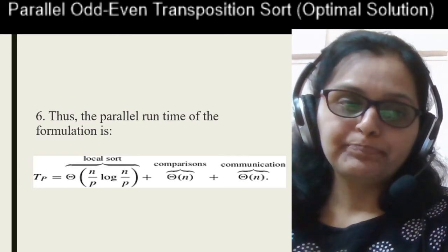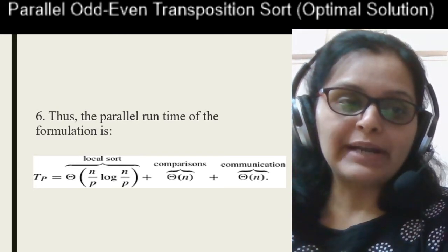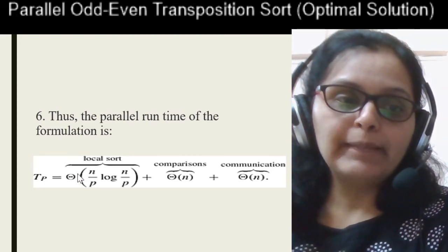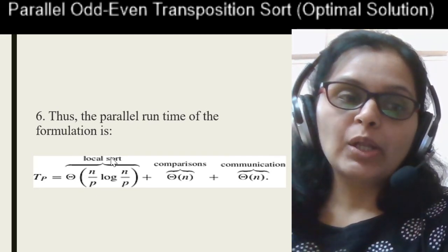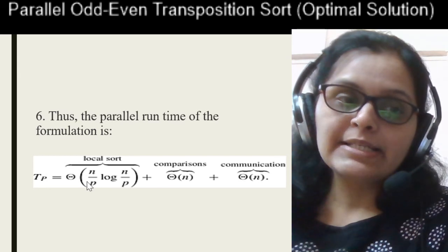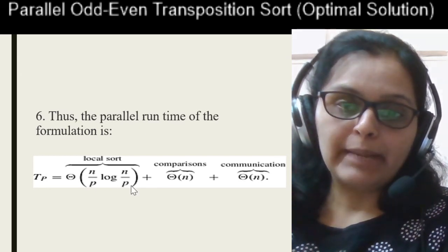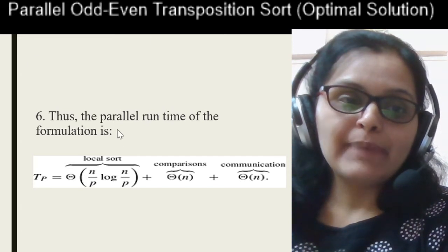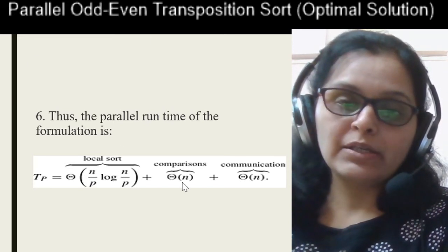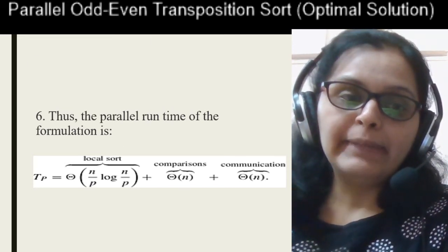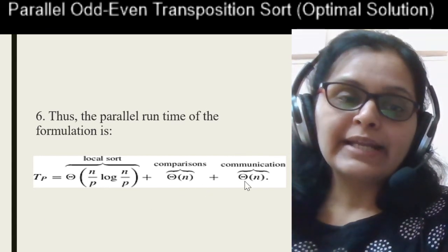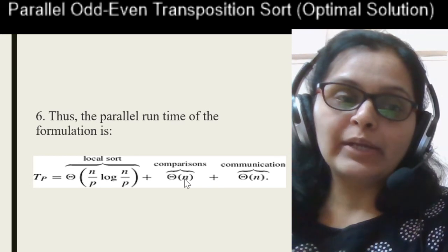TP, a very important performance metric. Here, break TP into 3 parts. The first part is local sort, that is n by p log n by p, merge sort or quick sort. The next components in the TP are O(n) comparisons and O(n) communication. Why O(n)?